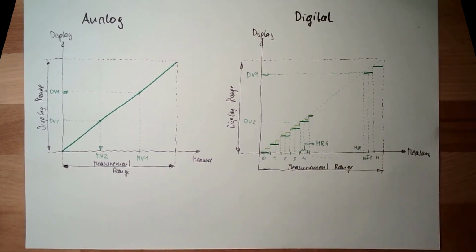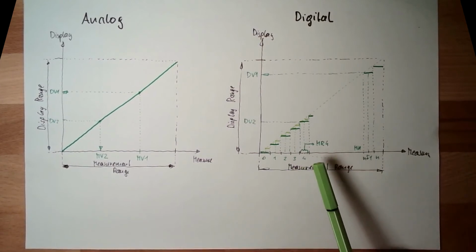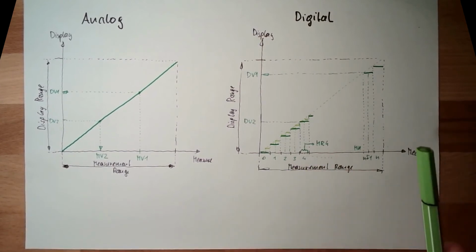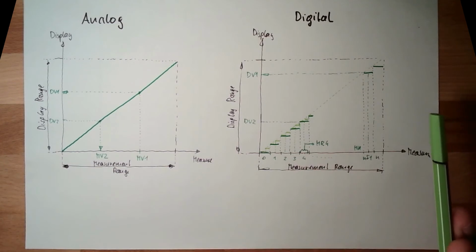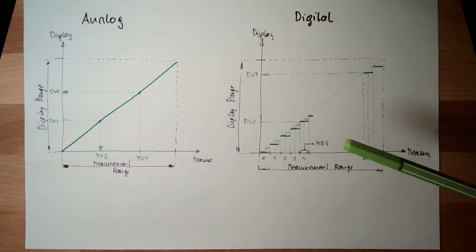approach. The big advantage of the digital thing, and why we are using it, is that it is natively understood by computers. The computer is using numbers simply, and it can calculate with this. So the calculation or the use in the computer is much cheaper with digital values.